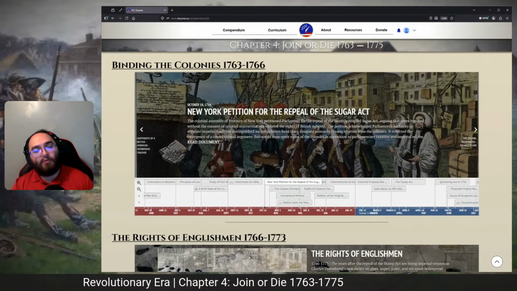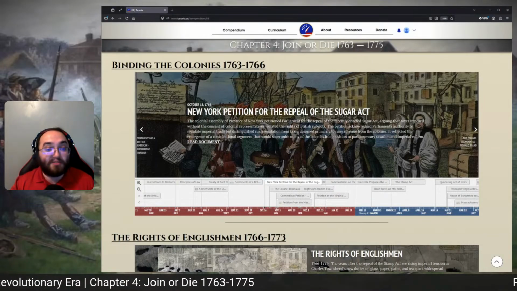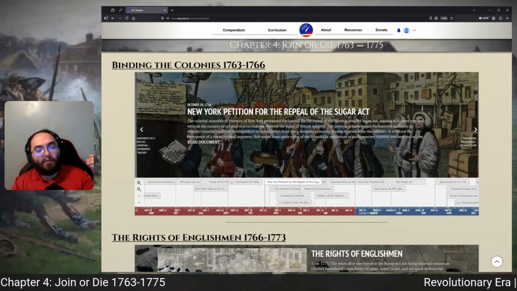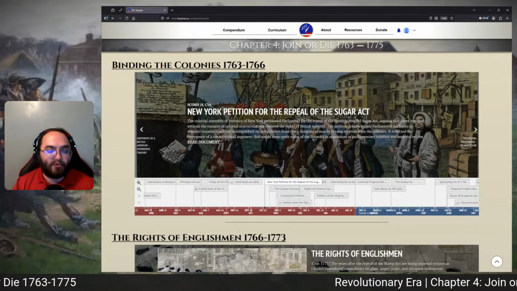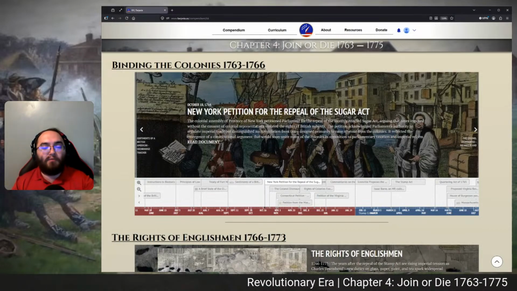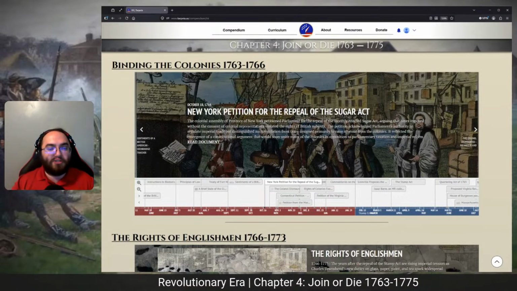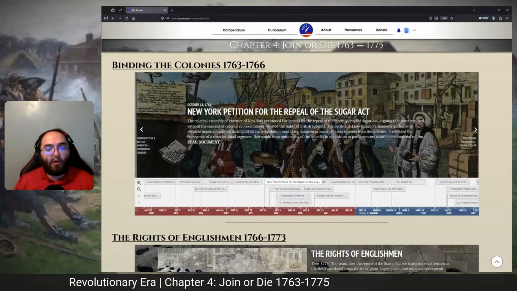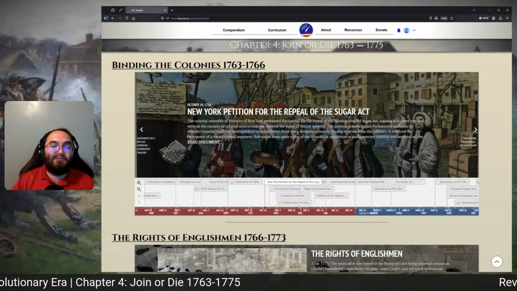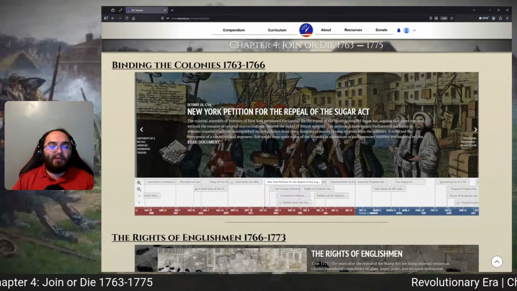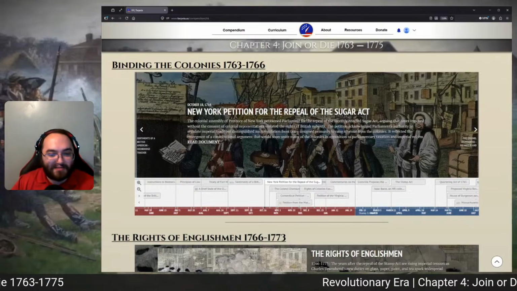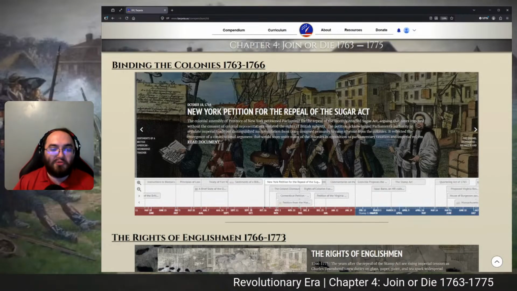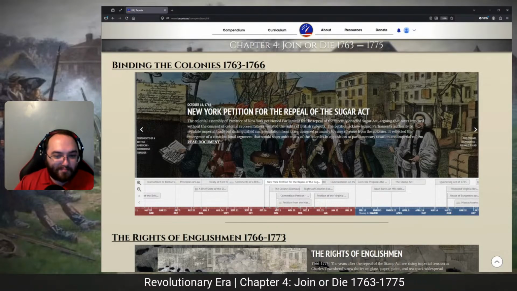So Parliament cannot argue, at least for New York, that New York did not pay its fair share in the French and Indian War, therefore justifying these taxes, when Parliament recognized during the French and Indian War that New York contributed above and beyond what was required of them for the war effort.